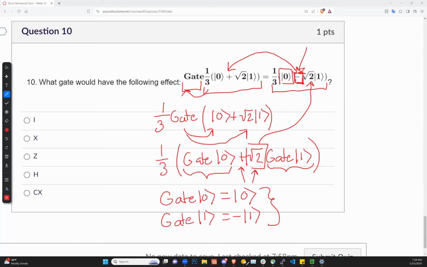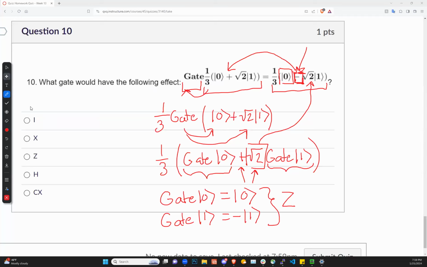What gate keeps the 0 state the same but flips the phase of the 1 state? Yeah, this is the Z gate. So the gate that transforms this first state into the second state is the Z gate.